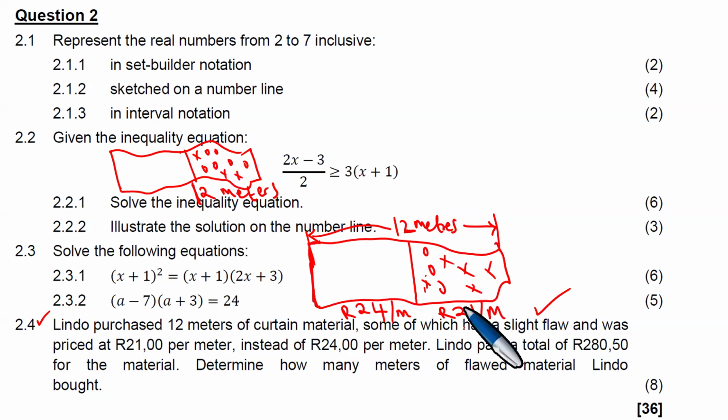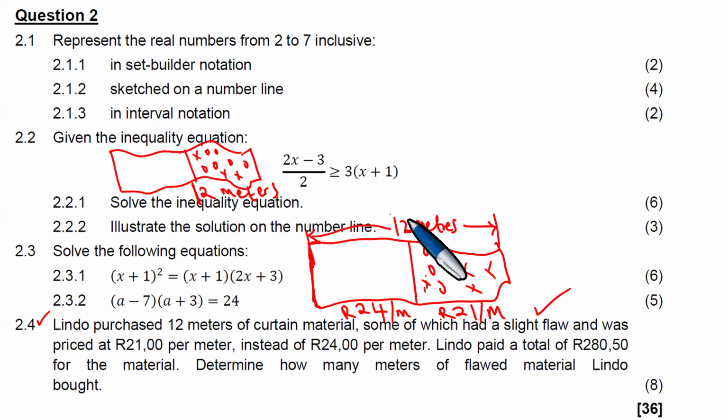We want to know how many meters of the damaged material there was, because some of it is nice, but some has holes. Lindo does dressmaking and designing, so he can cut off the flawed part and leave the other part.